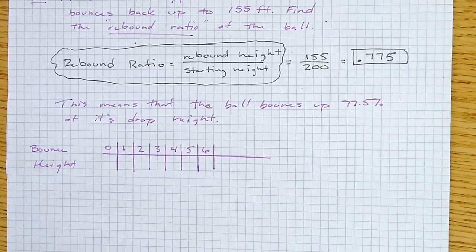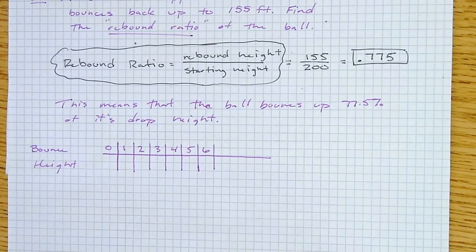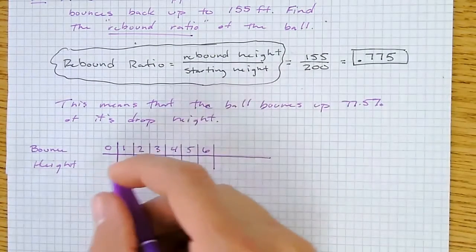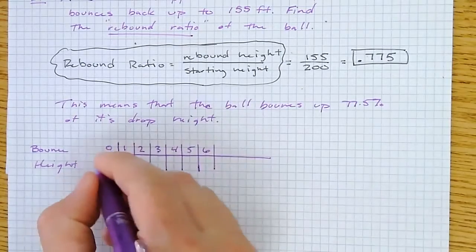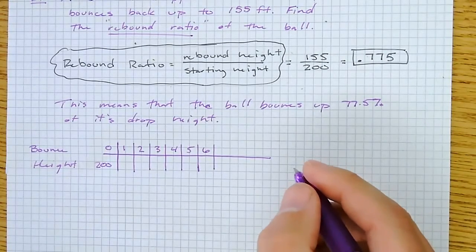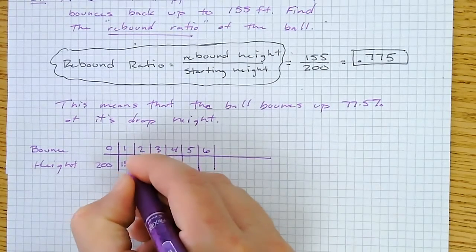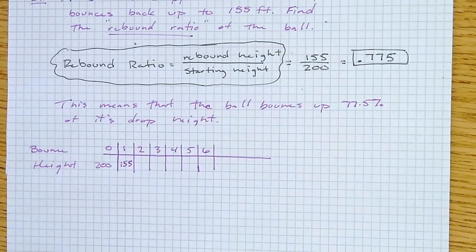Setting up a table where we are looking at what bounce the ball is taking and its height on that specific bounce. So our initial height we are given, before we drop it, starts at 200. Second bounce ends up being 155.